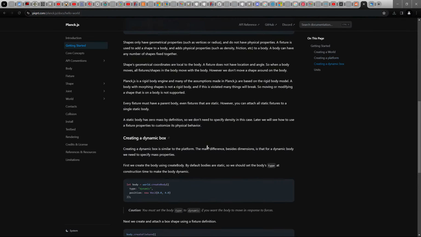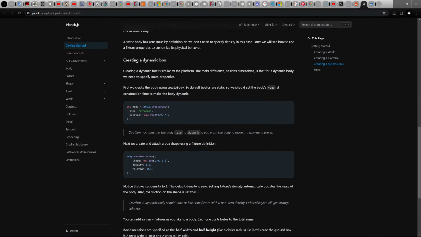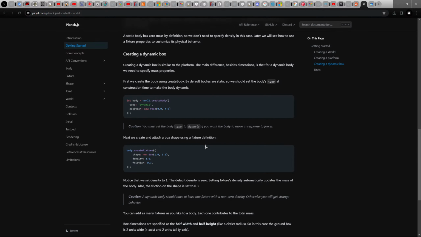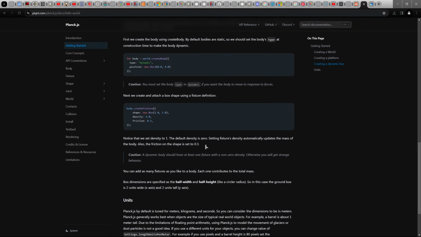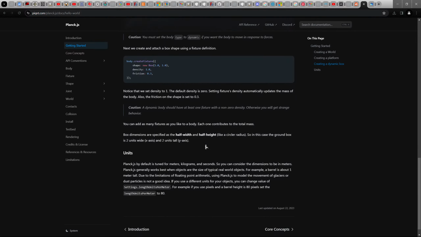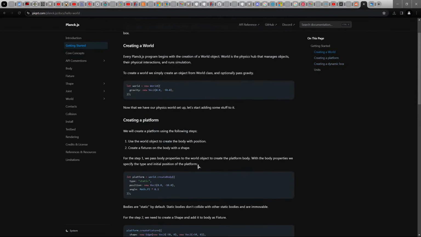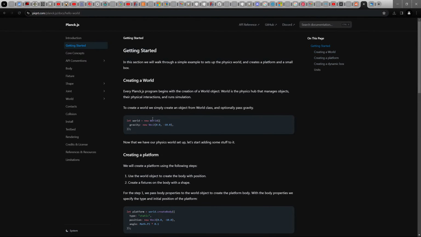Shapes have. Okay, create a dynamic box. Okay, specify mass property. Box shape. Yeah, I'm gonna give this a shot.